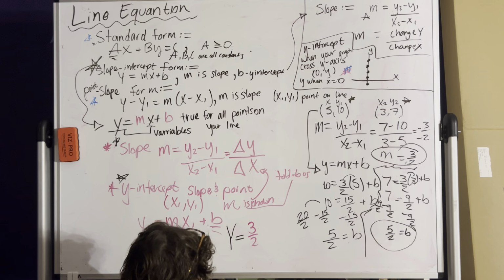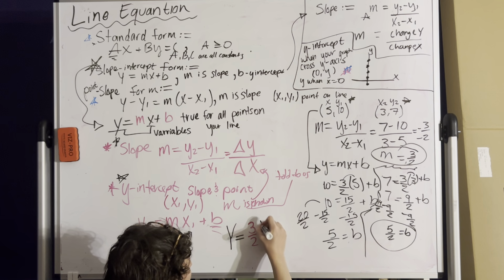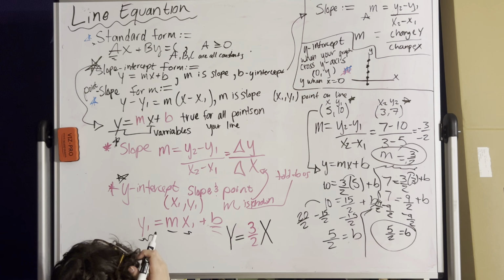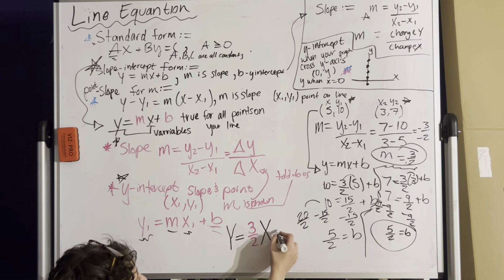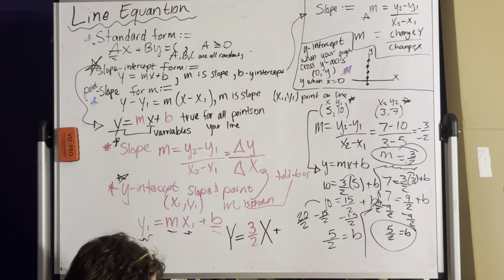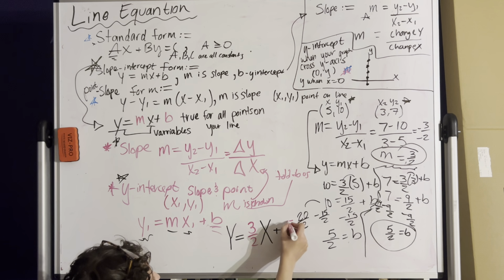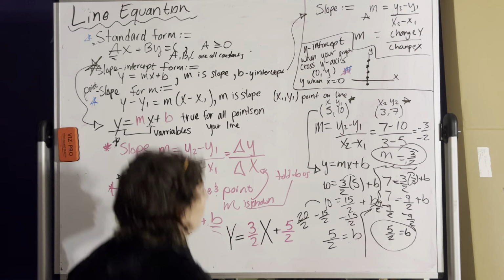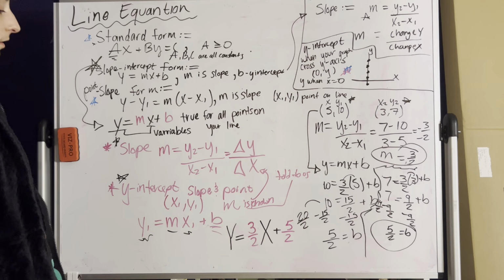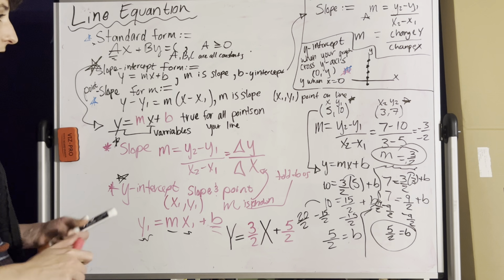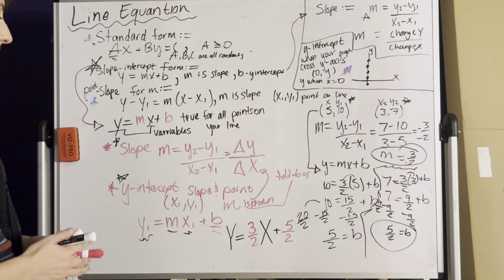And then x is another placeholder variable for any point in our equation or on our line, and then we've got b. B is our y-intercept. So we got that as 5/2. So yeah, a little funky. Nothing impossible though.